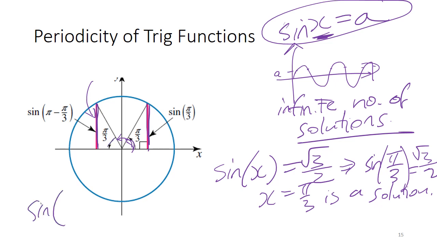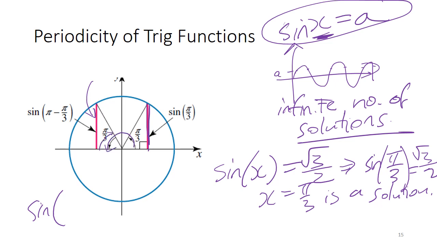What is this angle? Well, we can't write pi over 3, but we can write this as pi, which is 180 degrees, take away pi over 3, which will give me this angle.